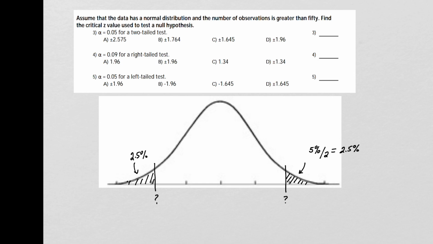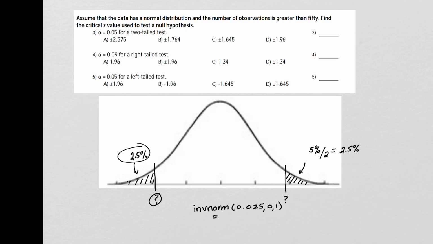All right, so I'm going to put in inverse norm, and I'm going to go ahead and find the critical value for the left-hand tail. So I'm going to find this value. So inverse norm of 0.025, and then we have 0 and 1.